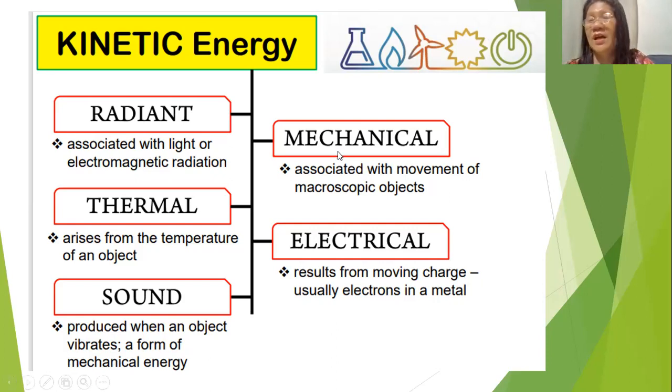Another type of kinetic energy is mechanical, associated with movement and also with machines, moving objects using machines. Then the last one is electrical energy. Electrical energy is the result of the moving charge of electrons. So these are the different types of energy under kinetic energy.